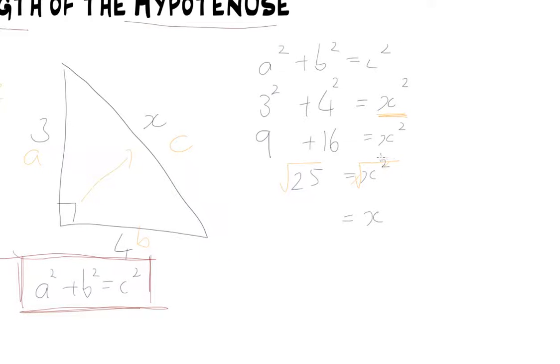Here, squared and square root cancel. If I've got squared, I'm square rooting both sides. So that side cancels, just x. This side, square root 25. I can reach for my calculator to do that, and put it in as it looks there. Square root 25 gets me that x is going to be 5, or 5 equals x.